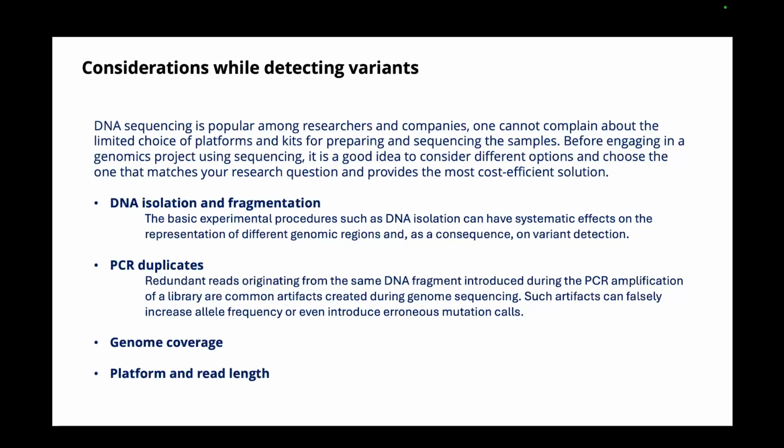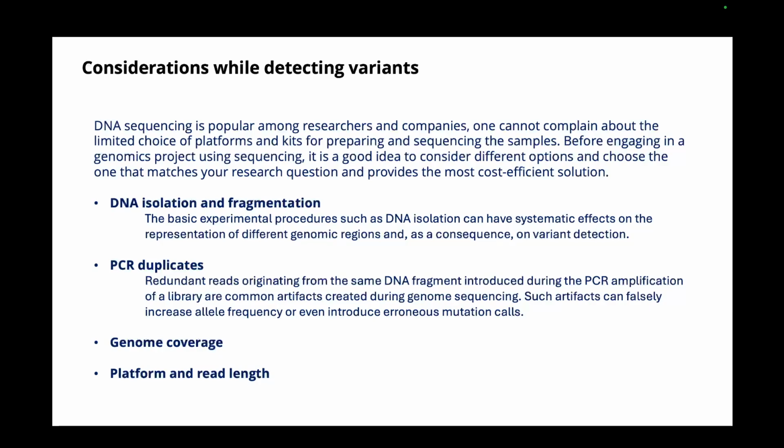There will obviously be evidence, but calling big variations with small reads is not a good idea, and it's not even well accepted. So if you have bigger variations, the better idea is to go for long read sequencing. With sequencers like ONT or PacBio, you get bigger read lengths.